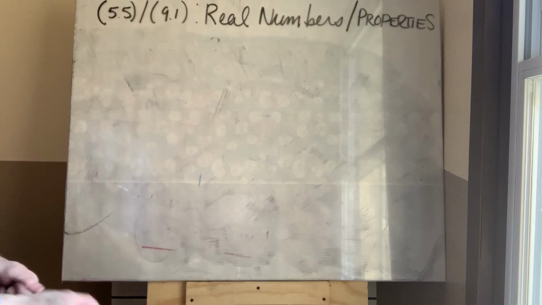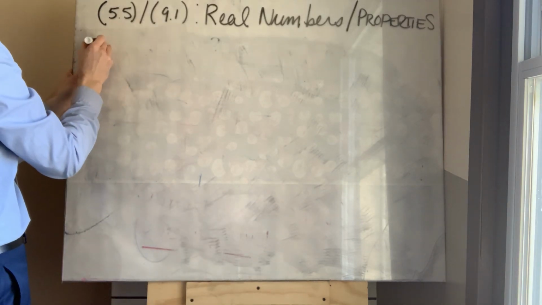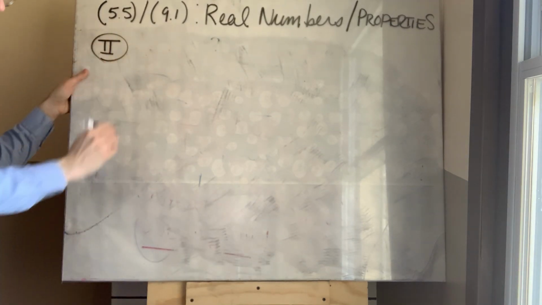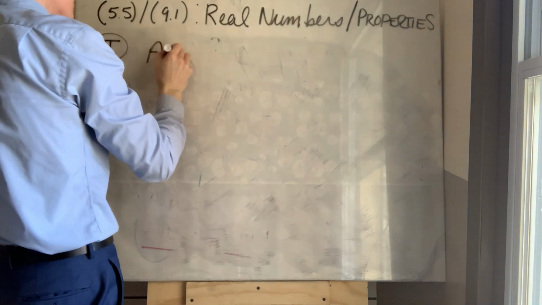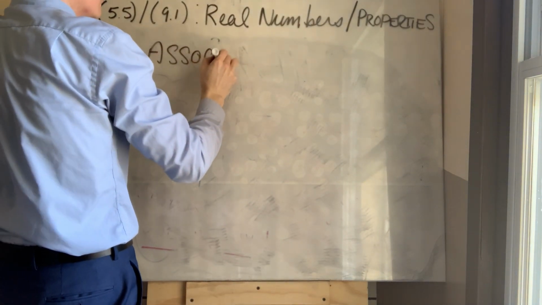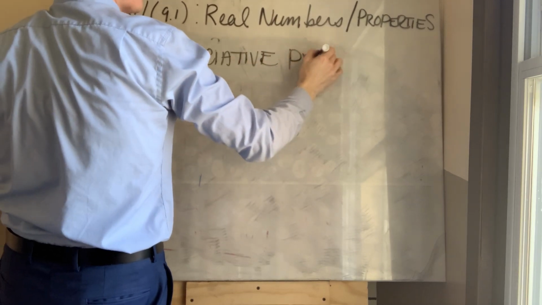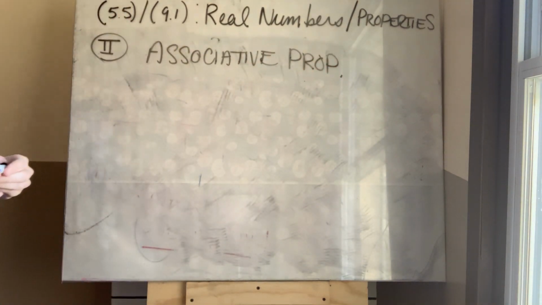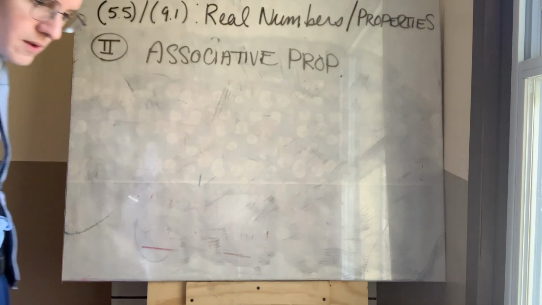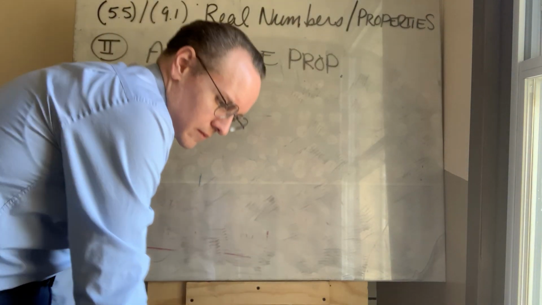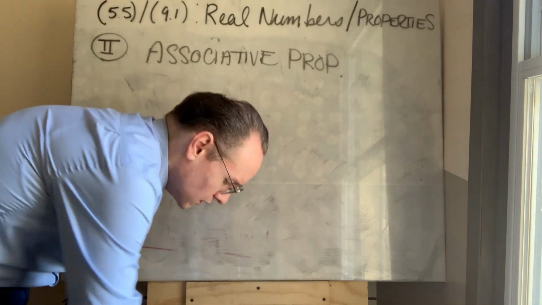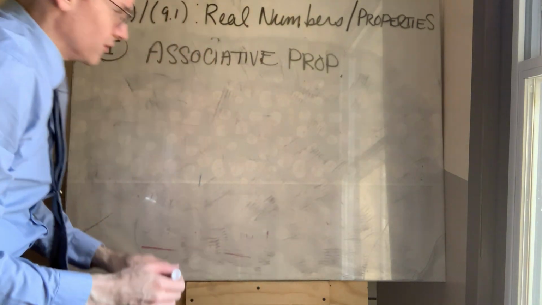Okay. 2. The associative property. It actually has a model as well. Let me show you the model first.